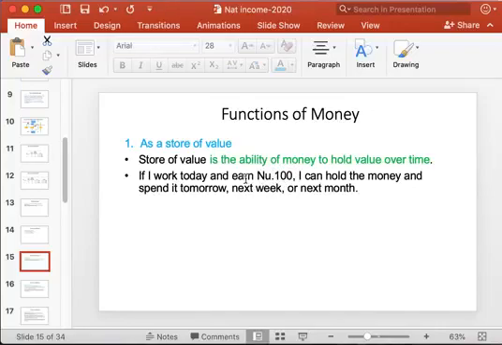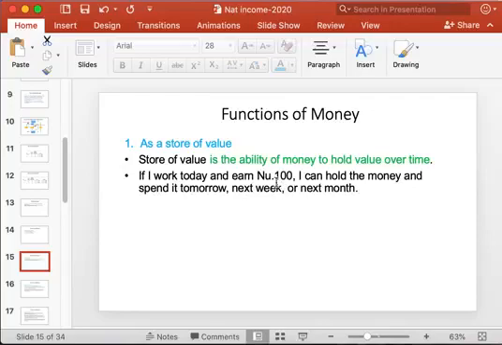So if I work today and earn 100 Newton, I can hold the money and spend it tomorrow, next week, or next month. And the value of the money is there.